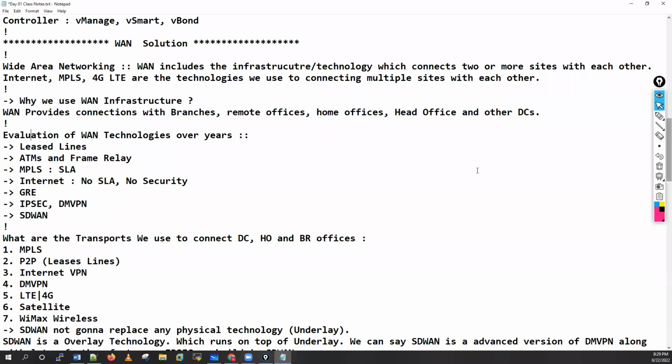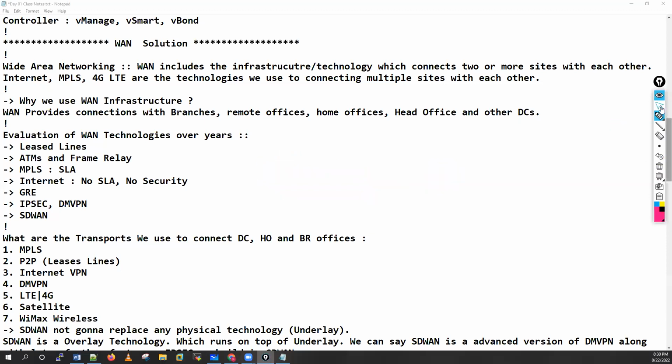So what used to happen initially, the first WAN technology released is known as leased line technology, guys. People have come up with the leased line technology. Who are these people? They are the service providers, guys.